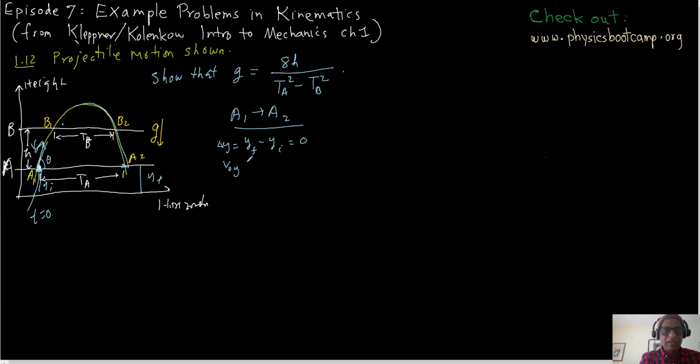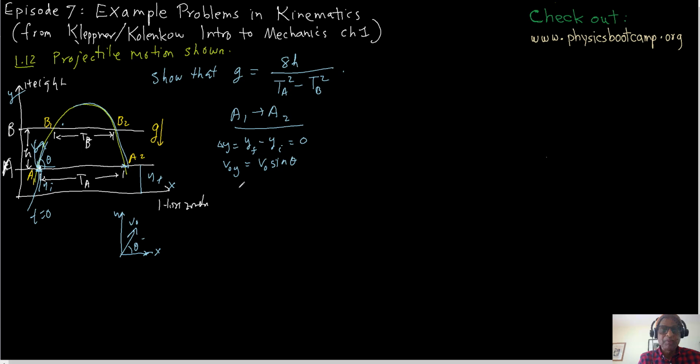And V0y is V0 sine theta from here. So you have V0 and theta, and this is x and this is y.